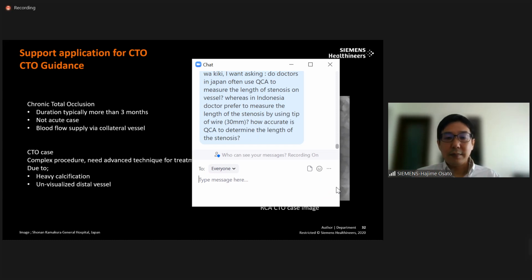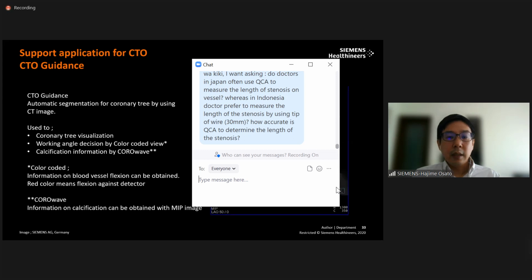So what is the benefit of CTO Guidance? It is possible to detect the coronary tree by using CT images with automatic calculation. The occluded vessel is also detected, so the whole coronary tree is displayed.